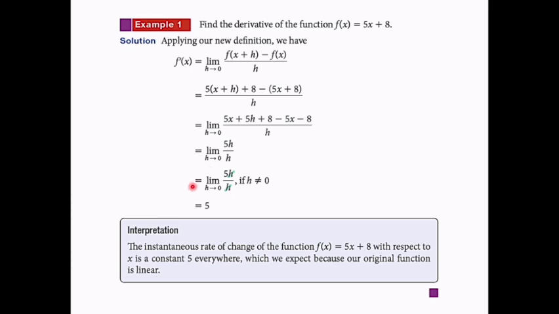So now if I take the limit as h goes to 0, I'm just going to get 5. So we would interpret this by saying the instantaneous rate of change of the function 5x plus 8 with respect to x is a constant 5 everywhere, which we should expect because the original function is linear.